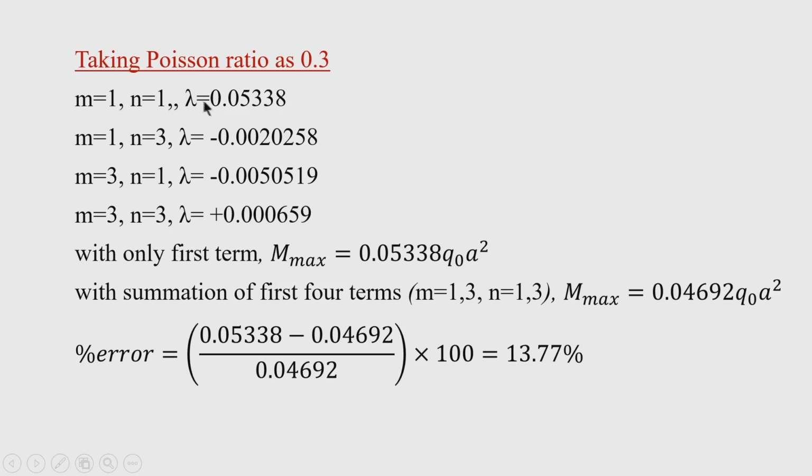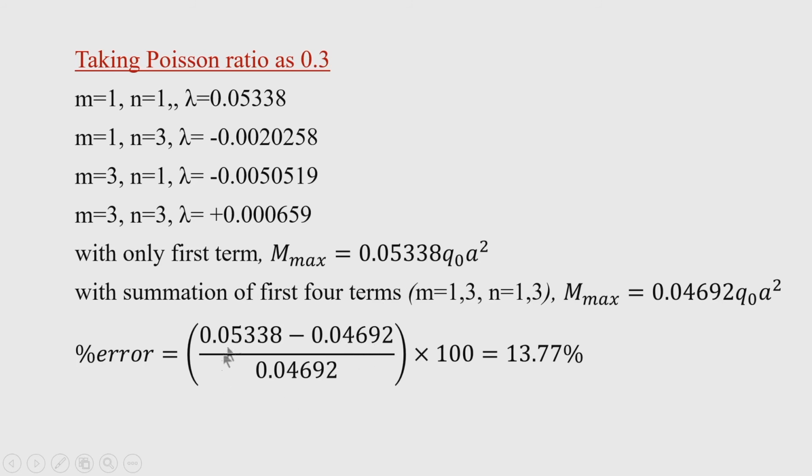Taking only the first term we get the coefficient of bending moment as 0.05338, and with other terms we calculate the coefficients and then sum up the terms. When we take the first 4 terms, that is m varying from 1 to 3 and n also varying from 1 to 3, the maximum bending moment coefficient comes out to be 0.04692, and here the coefficient is 0.05338.